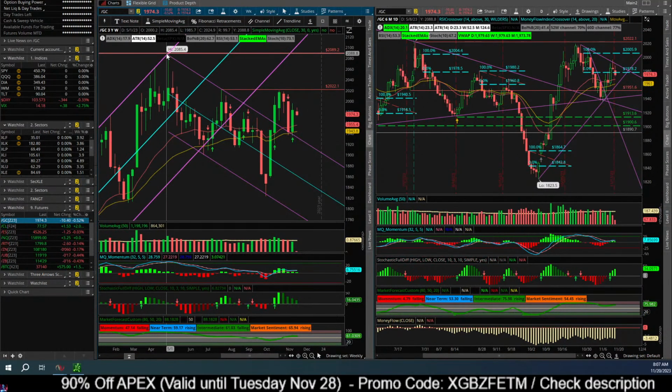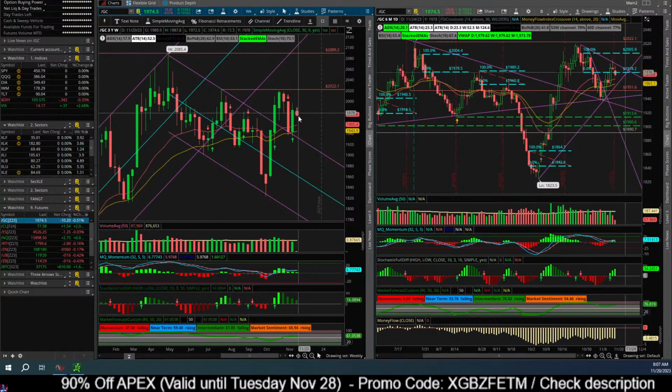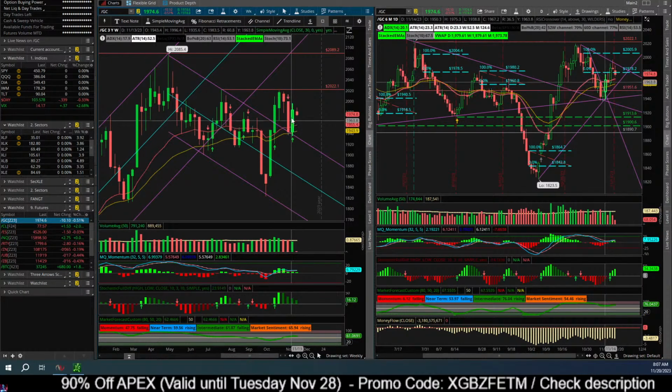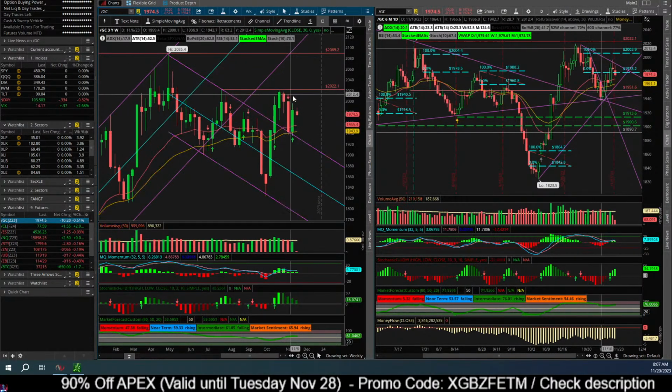Okay, so the weekly, as I was saying, it was coming back down above the moving averages as we start today, but last week it had a move to the upside, bouncing off of that channel, going back up.